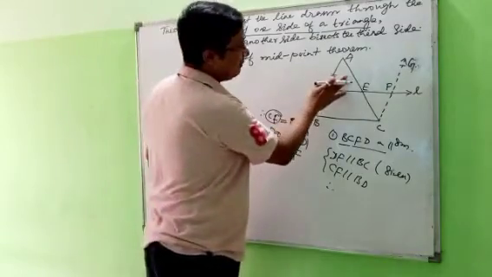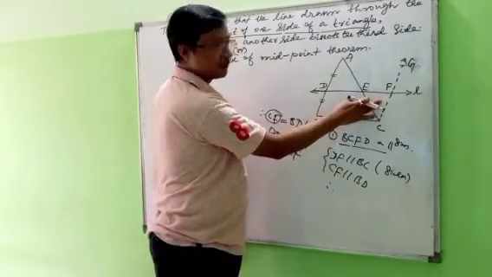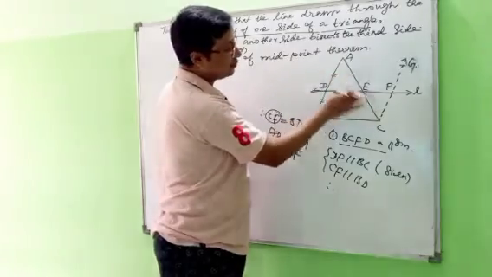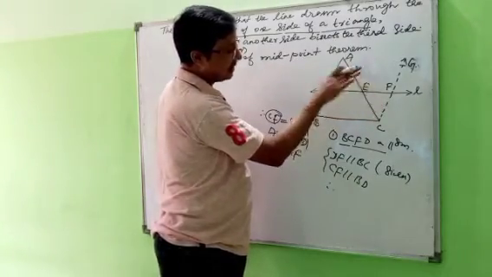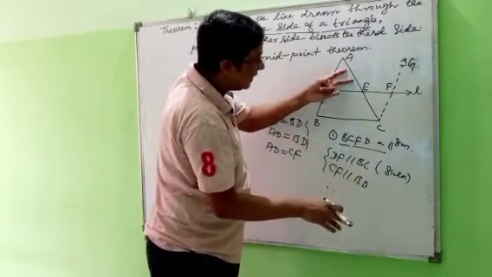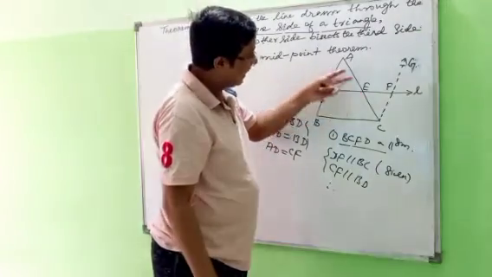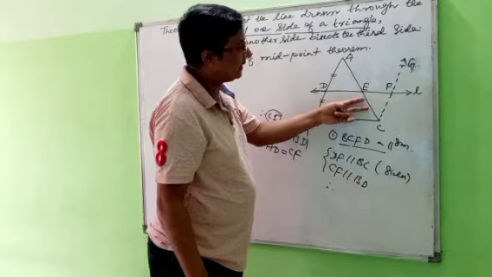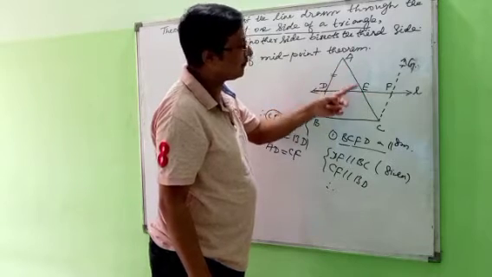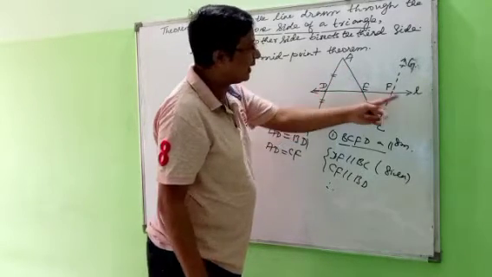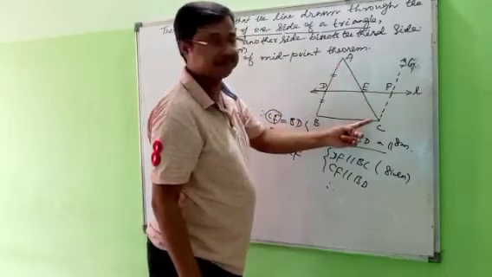Now you will make these two triangles congruent. If you make these two triangles congruent, then by simplicity you will get AE equal to CE, which means E is the midpoint of AC, and then the line L will bisect AC.